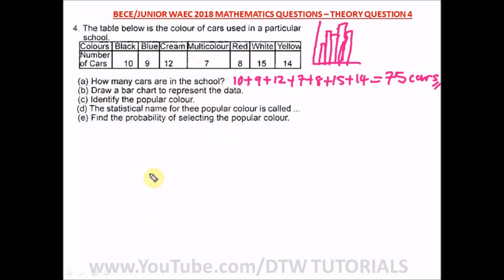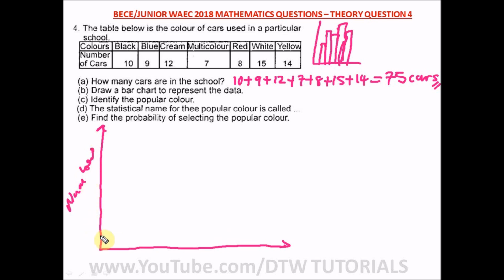I don't have a ruler, but for you, you're going to use a ruler and a pencil. All right, so we'll draw here. So here will be your number of cars.